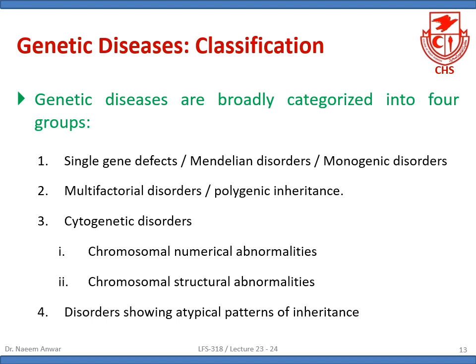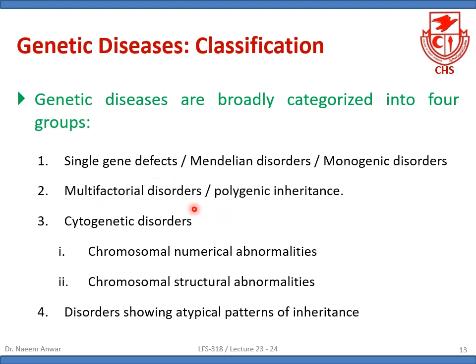You can categorize the genetic diseases into four main categories. First of all, we can call them single gene or monogenic disorders, which have the same meaning as Mendelian disorders. Another thing we have discussed is polygenic inheritance or diseases, which are a result of multifactorial events that play a role in expressing these disorders or diseases.